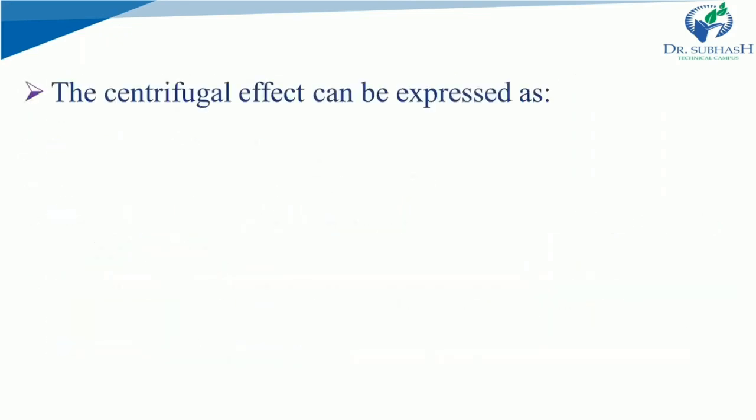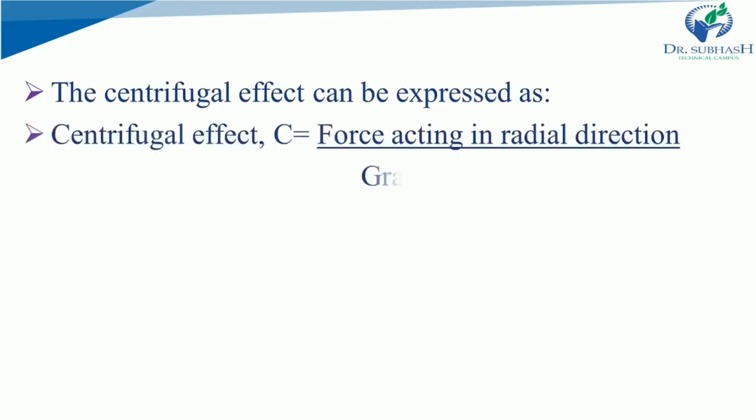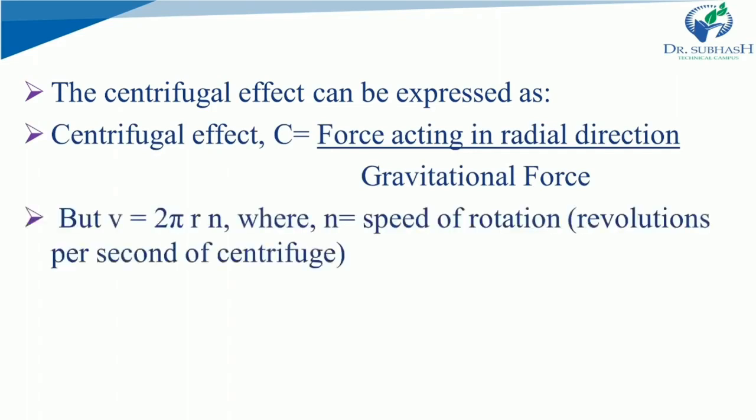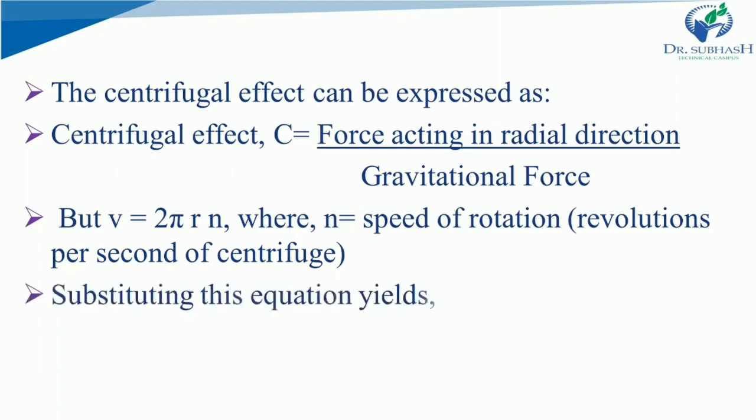The centrifugal effect C is equal to the force acting in radial direction divided by gravitational force. But v is equal to 2 pi R n, where n is speed of rotation, that is rpm or rps, of centrifuge.